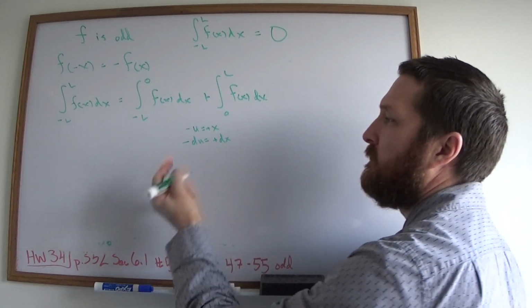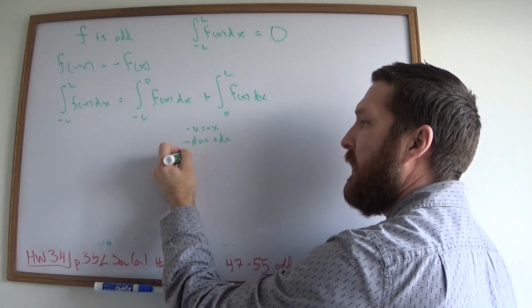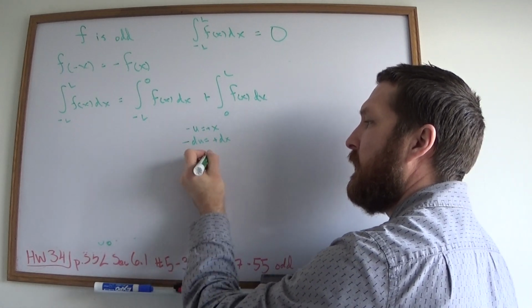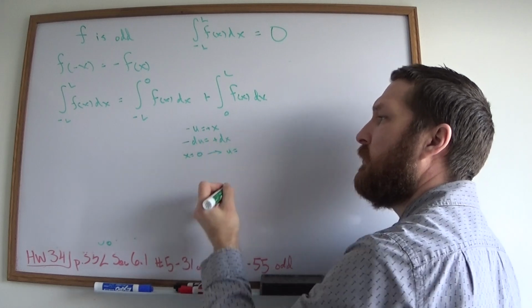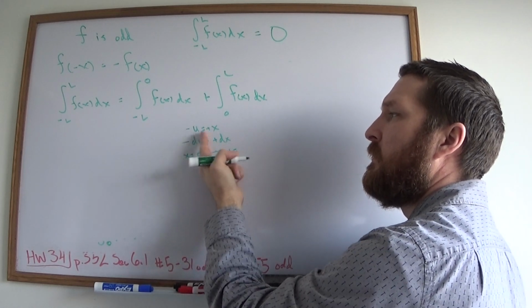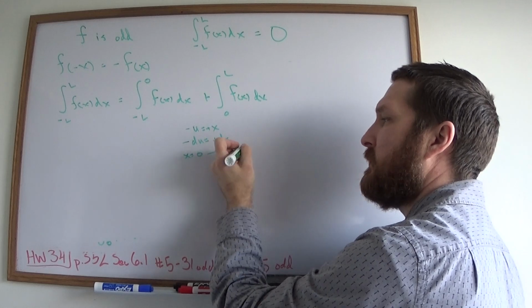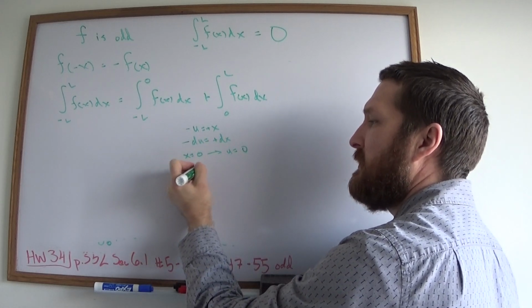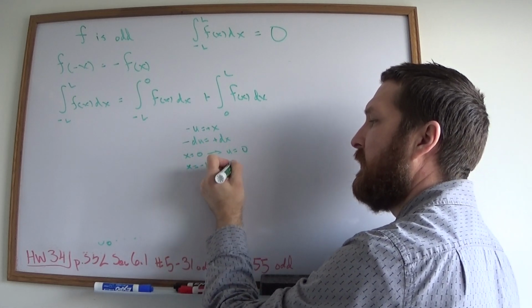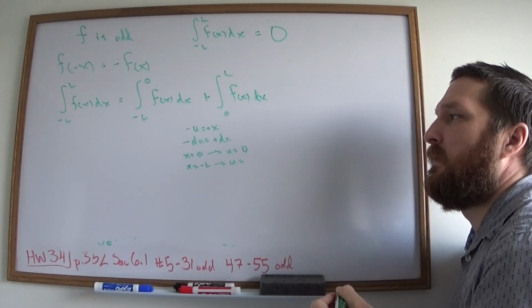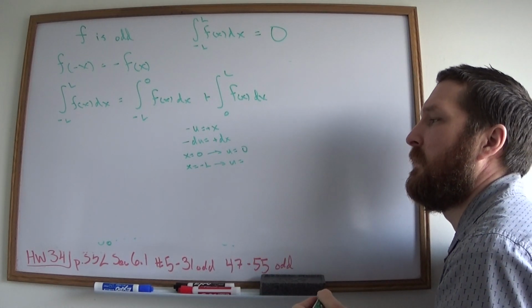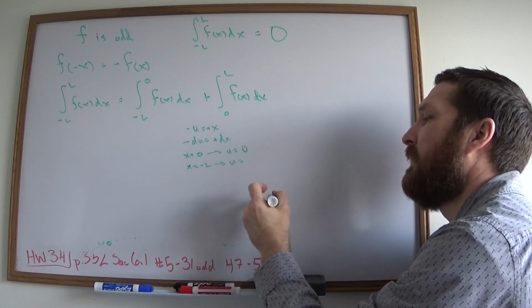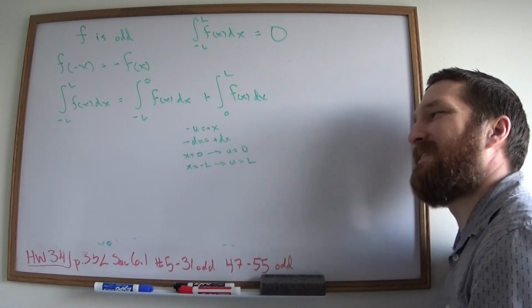Okay, and so, now, when x is equal to 0, then u is also 0. When x is equal to negative L, then u is equal to L, which is just negative negative L.